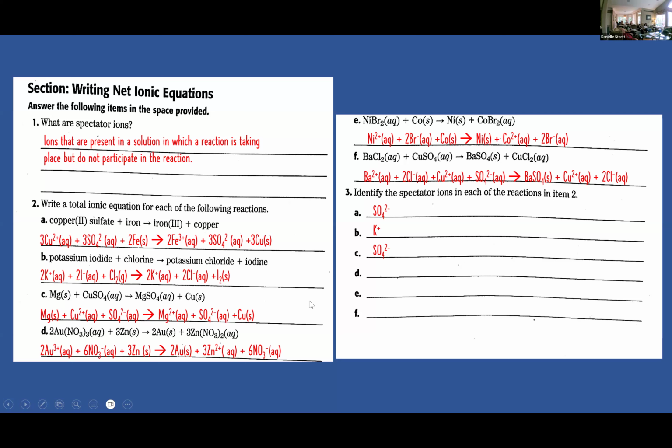All right. And how about D, Jordan? NO3, nitrate. Yep, you got it. Your nitrate. How about for E? What do we have, Yusuf? Bromine. Bromine, aqueous. Okay, that looks good.